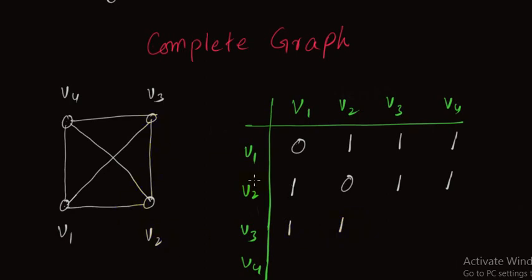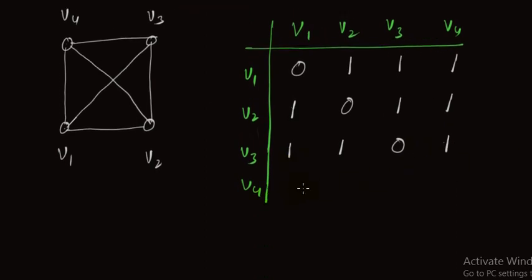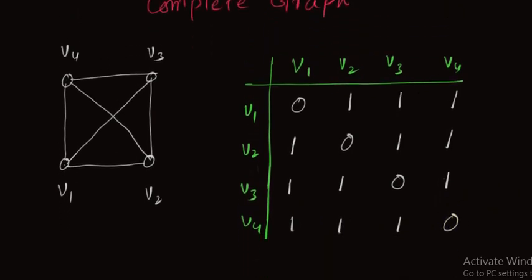V3 and V3 there is no loop, so we choose 0 value and 1 value here. Similarly for V4 we have 1, 1, 1 and 0 value. Now this is the adjacency matrix of the complete graph.